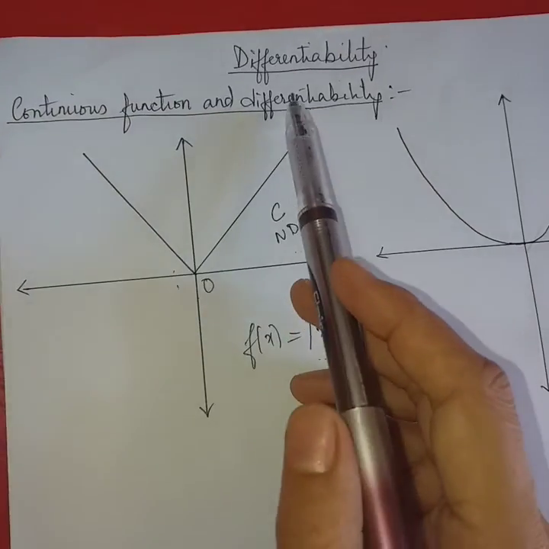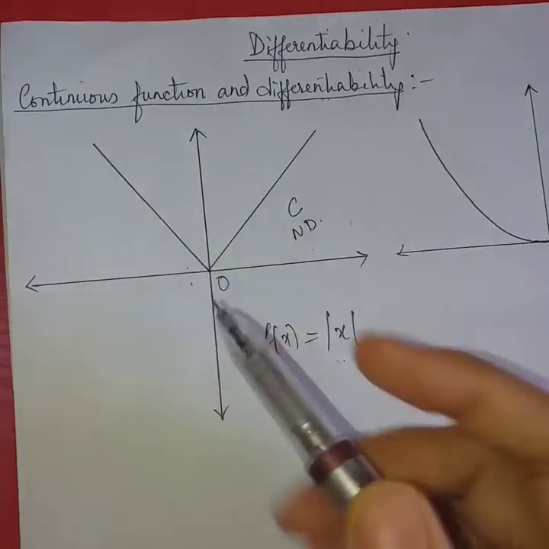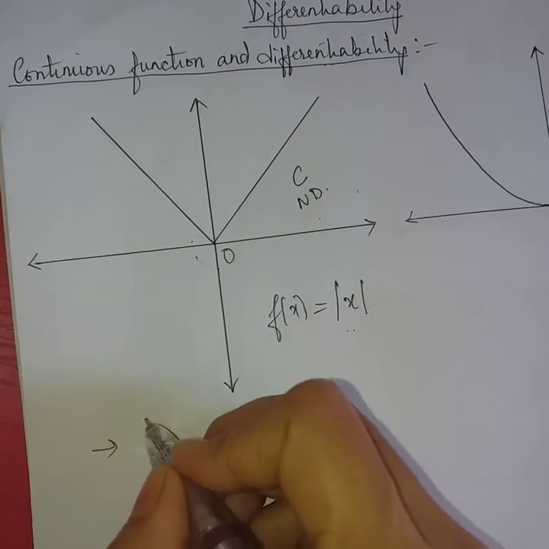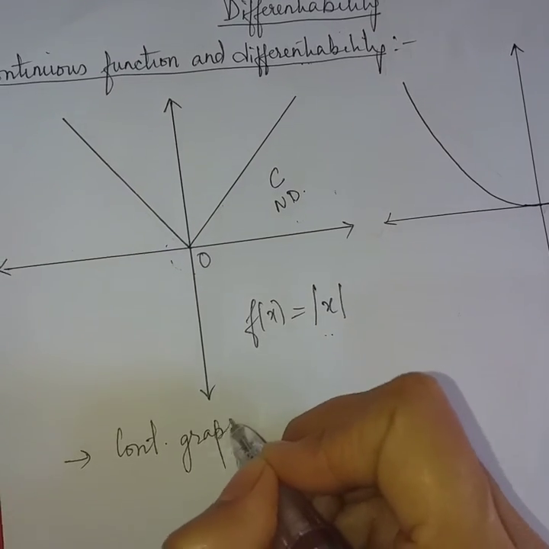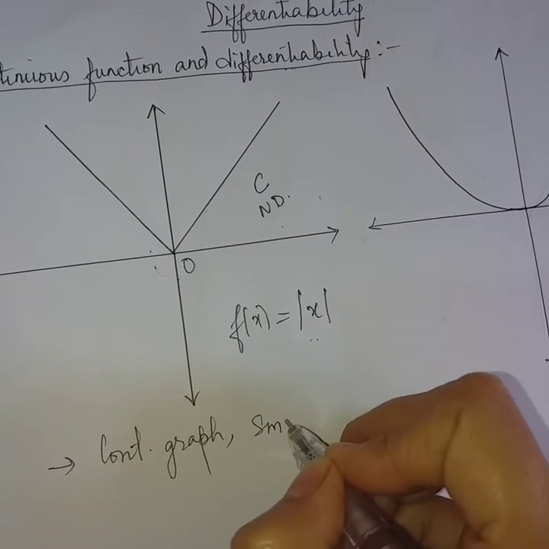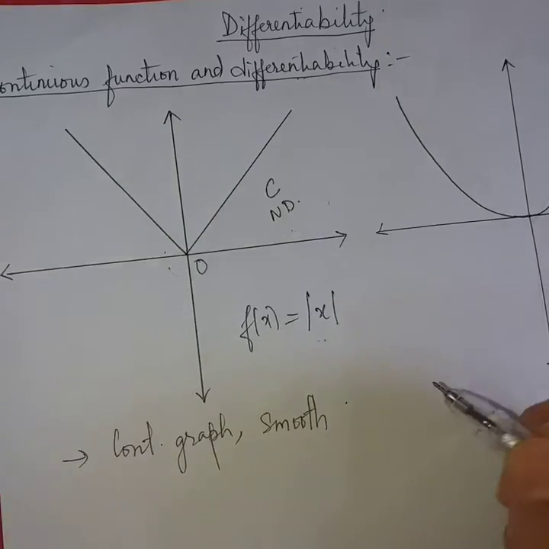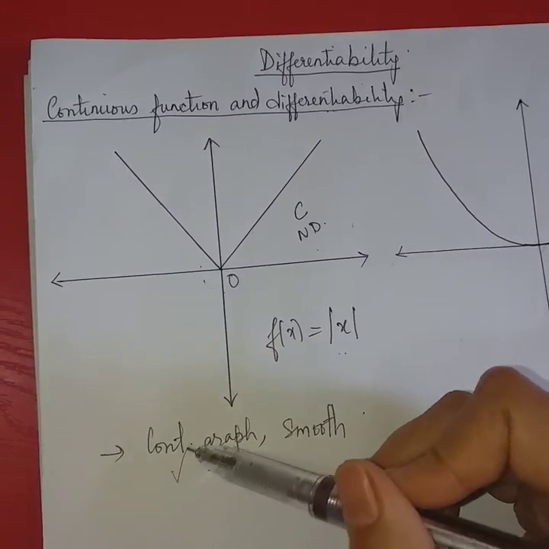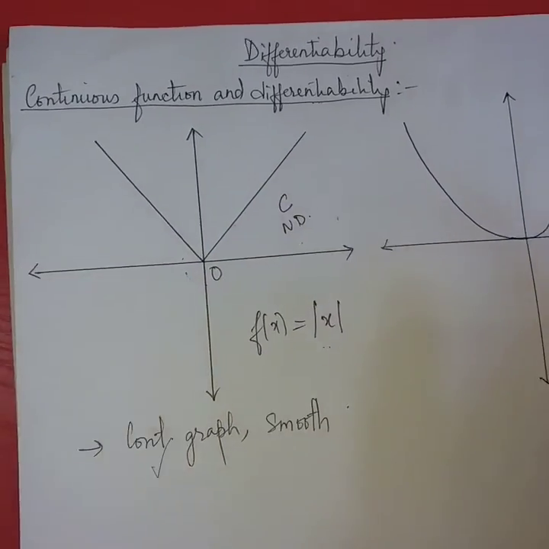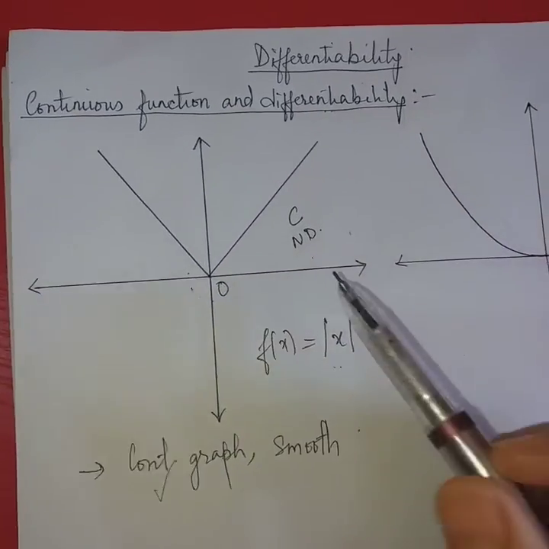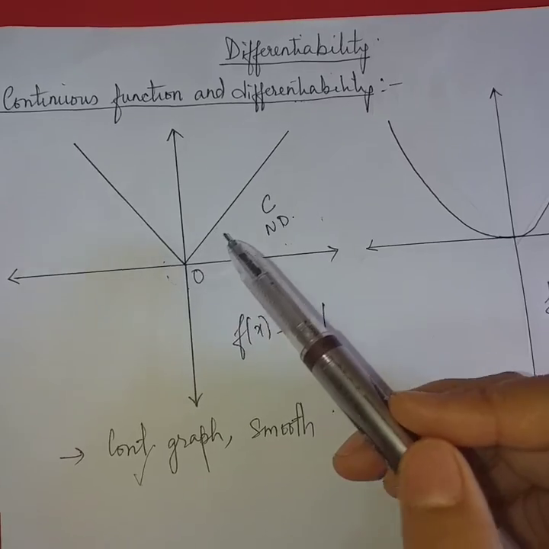So for a function to be differentiable, the condition is that it must be a continuous graph, and also it must be a smooth graph. Now in order to check continuity, we have learned that the left hand limit must be equal to the right hand limit, and it must be equal to the function at that point.